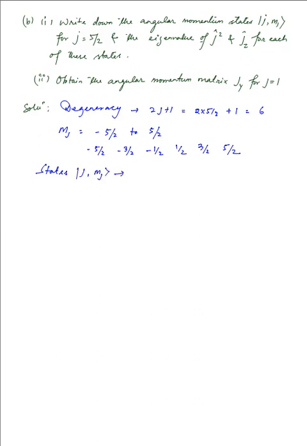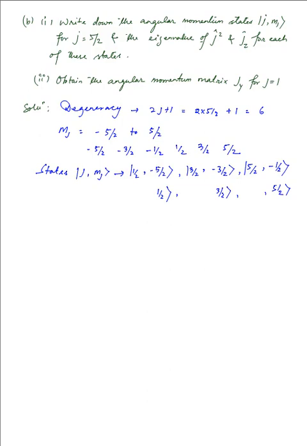They will be of the form, first one we have half, minus 5 over 2, then we have 3 over 2, minus 3 over 2, then 5 over 2, minus 1 over 2, then the rest of the three states, we'll write down the mj's first, and then we have 5 over 2.